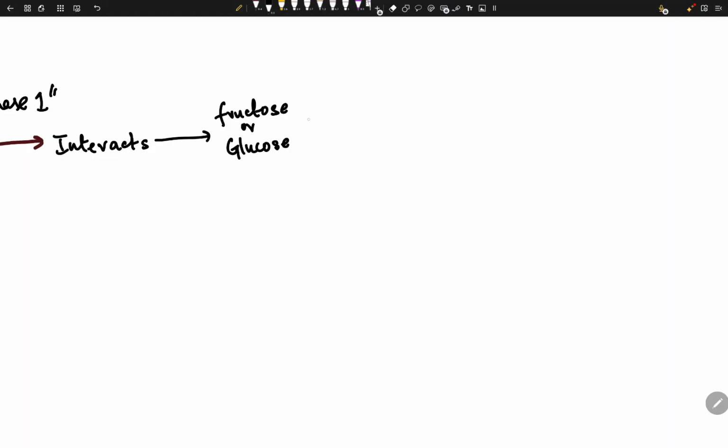One means the first position of the carbon, 6 means the sixth position of the carbon, and bis means 2, bisphosphate. So that's the end product we have now. What we have now is a bisphosphate that is super duper committed to glycolysis.